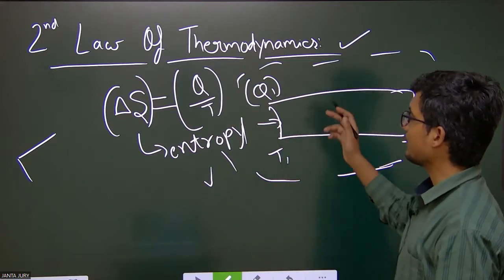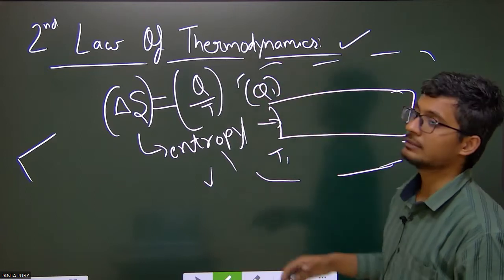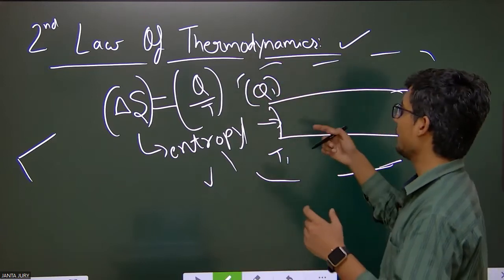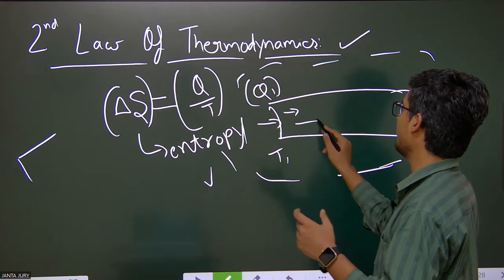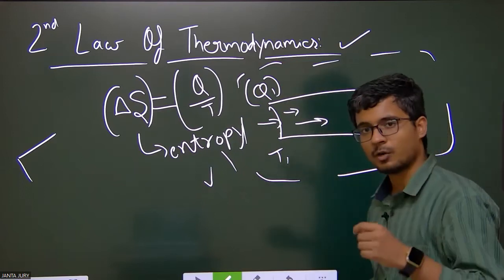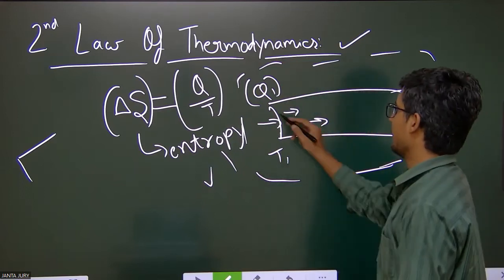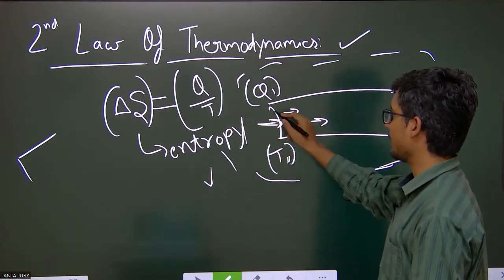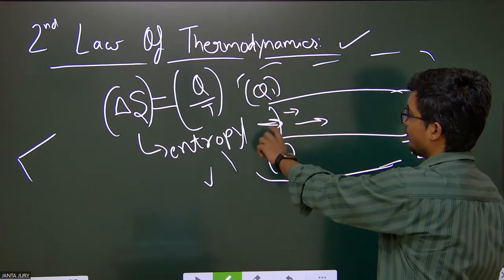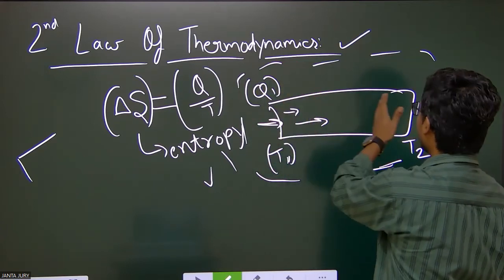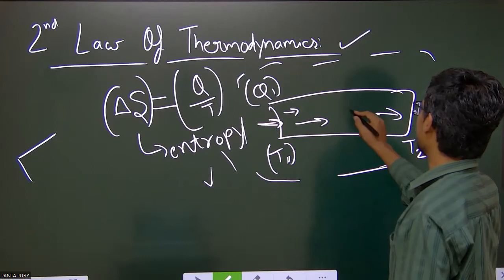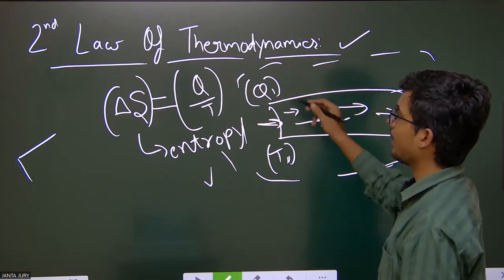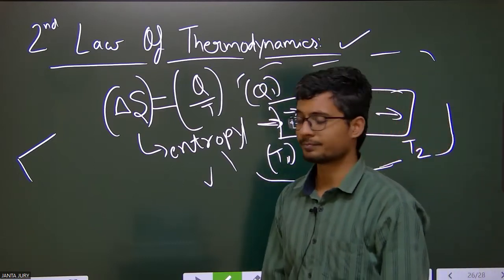But it does not. The second law of thermodynamics gives us the indication of the possible direction of the heat energy within the body. As we know, this temperature T1 is a higher temperature, so this energy will move from higher temperature to the lower temperature. This is the significance given by the second law of thermodynamics.